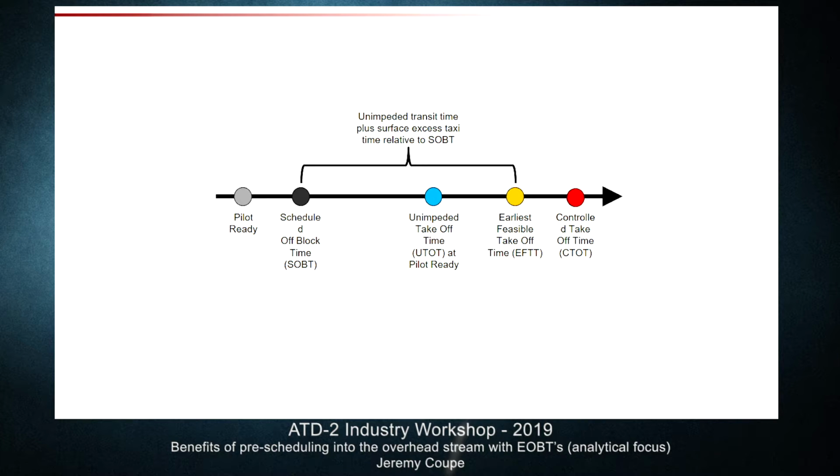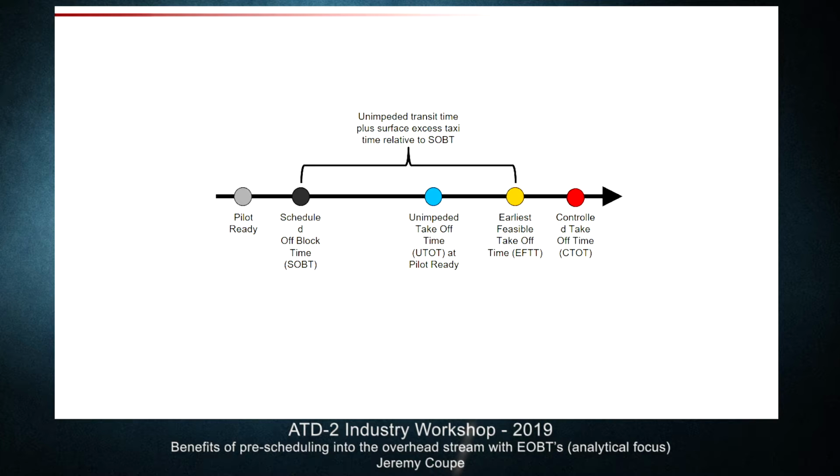Not that the controllers would do this, but as a thought experiment, if the controller says my earliest feasible takeoff time is 4 p.m., even though I'm ready at noon, and then TBFM comes back with 0 delay on top of that, you're not really having 0 delay from that flight's perspective. You have to wait until that earliest feasible takeoff time that was provided to TBFM, because your controlled takeoff time can't be any earlier than this.